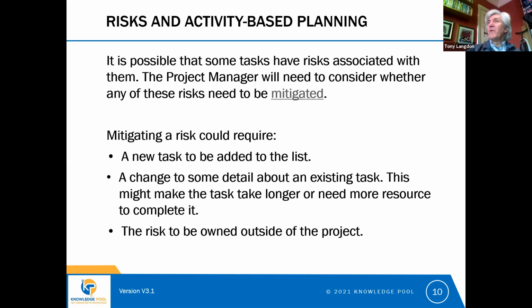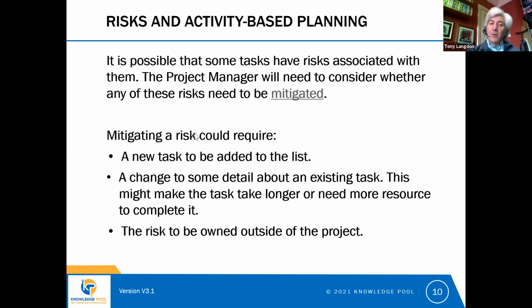So, for example, in building our bridge, in order to avoid risks to workers, we might need to tackle the task slightly differently. And that might mean we need more people, or that it's going to take longer to build the bridge, or that we need more equipment. So maybe more scaffolding than we anticipated.